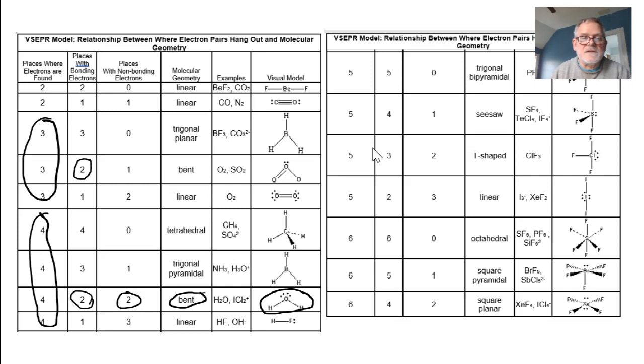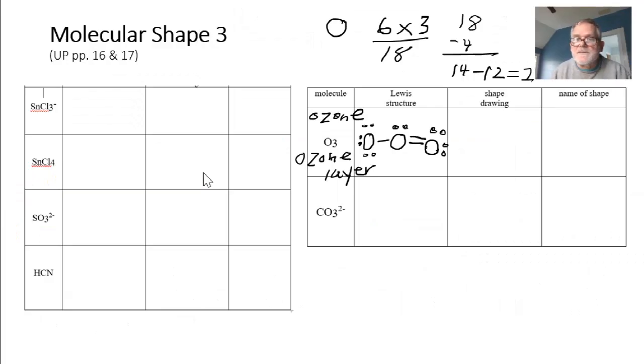We have a single and a double bond, and 1 place is a lone pair. So again, notice that this is a bent structure. So I'm going to say it's bent. We got an oxygen on the top with a lone pair, then we got an oxygen down there and an oxygen down there.